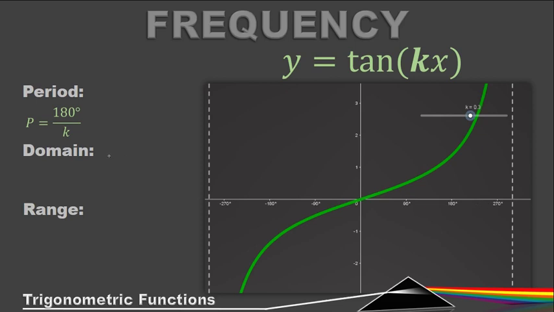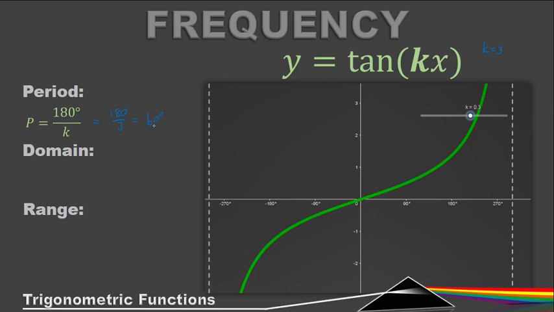So let's take 3 for example. If we have k equals 3, then it will shrink the graph, and our period will be equal to 180 divided by 3. So this will give us 60 degrees.